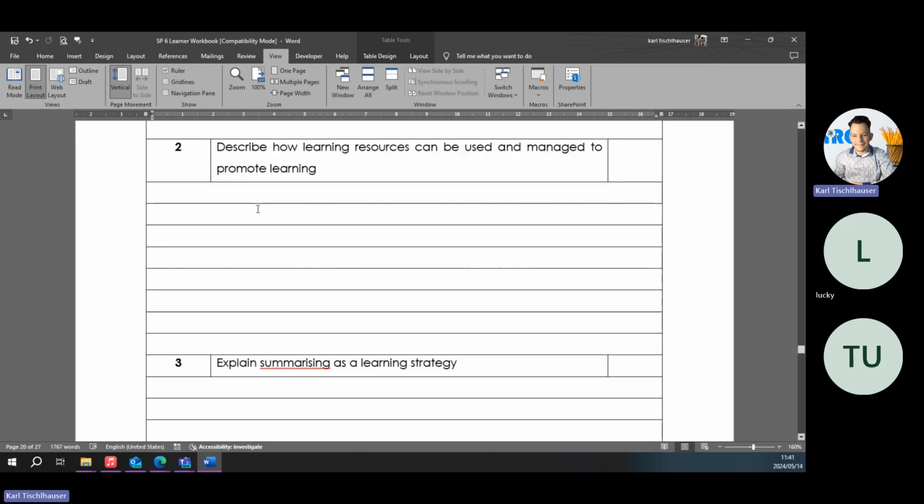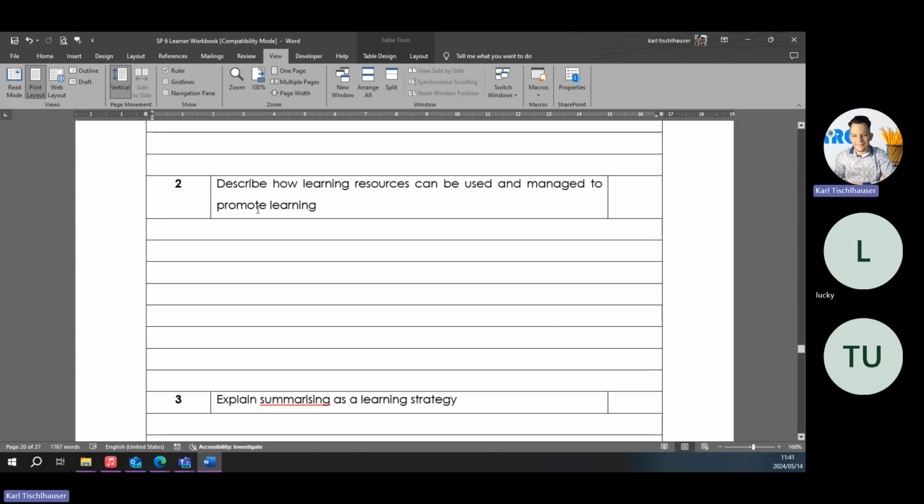Number 2 says discuss how learning resources can be used and managed to promote learning. One of the things we used to believe when I started lecturing and facilitating is that everything needs to be printed and given to the students on day one. We stopped doing that because it overwhelms the learners. In fact, we've stopped printing things now also because students don't keep the stuff.